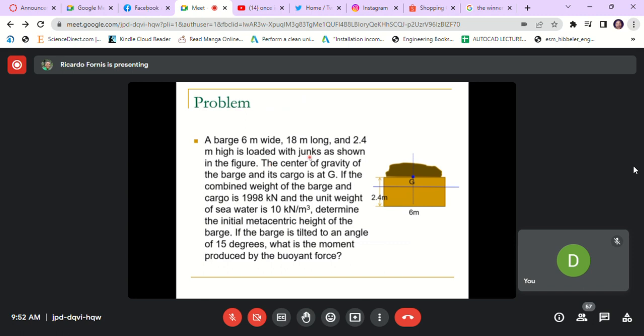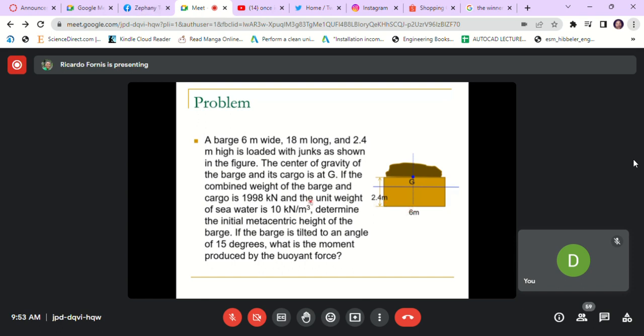So the sample here: a barge 6 meters wide, 18 meters long, then 2.4 meters high, is loaded with junk as shown in the figure. The center of gravity of the barge and its cargo is located at G, which is 2.4 meters above the bottom.